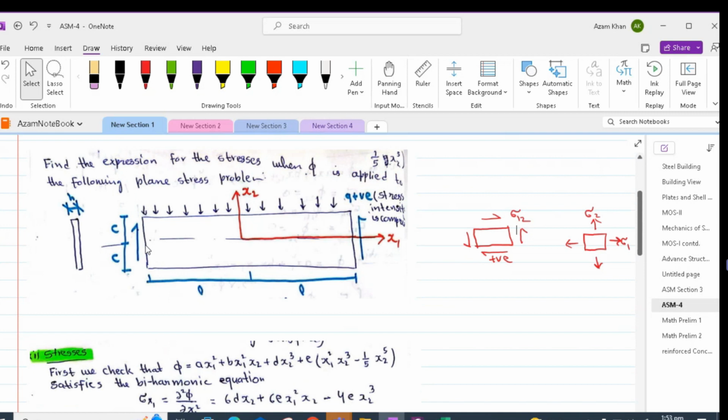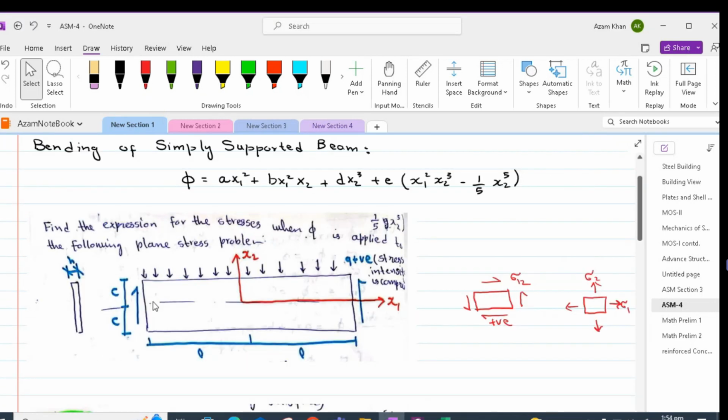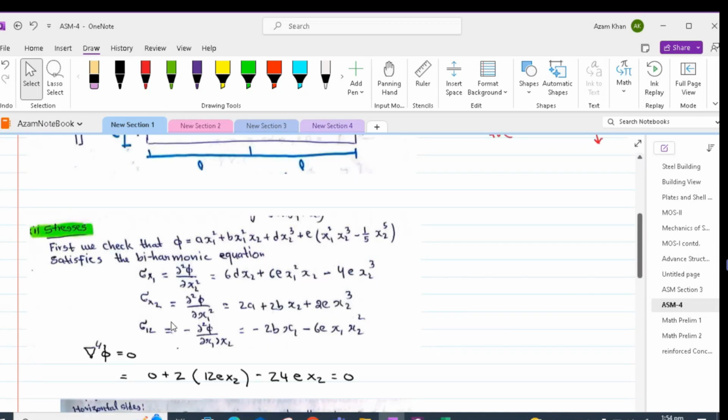The final two conditions are related to the moments. Since left and right support are taken as simple supports, the moments at these two sides are equal to 0. Thus, we would have the integral of sigma 1 times h dx2 times x2 between minus c and plus c equal to 0.